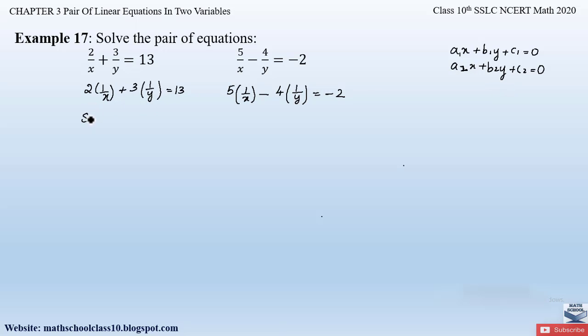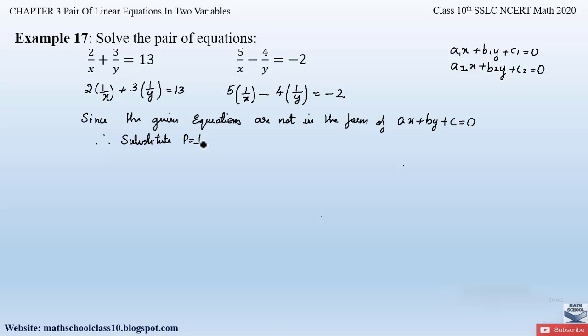Let us write down: since the given equations are not in the form ax plus by plus c equal to 0, we substitute p equal to 1 by x and q equal to 1 by y. Let us assume them to be equations 1 and 2.